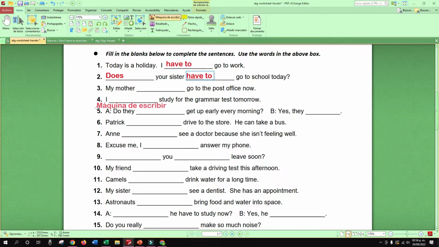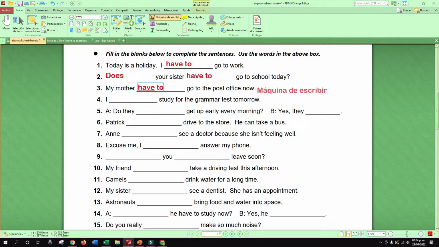Perfect. What about the number 3? My mother. Go to the post office now. Have to or has to? Which one are you going to use here? Have to. Are you sure? Is it okay?